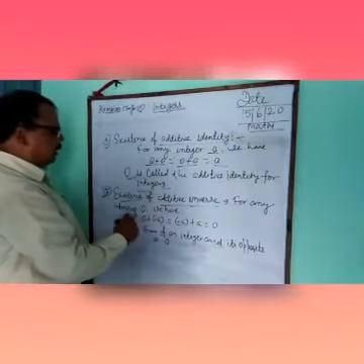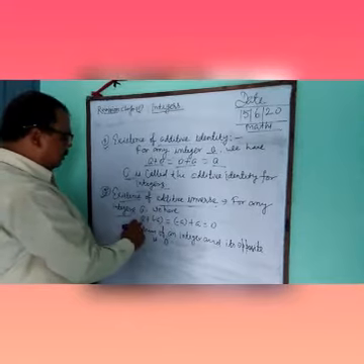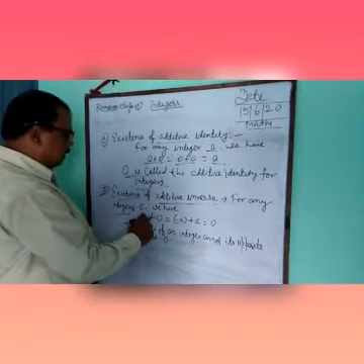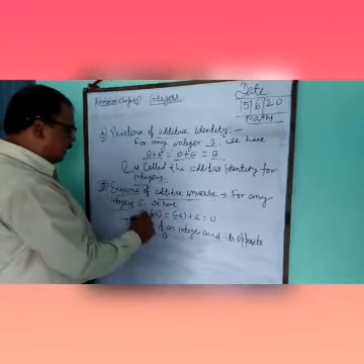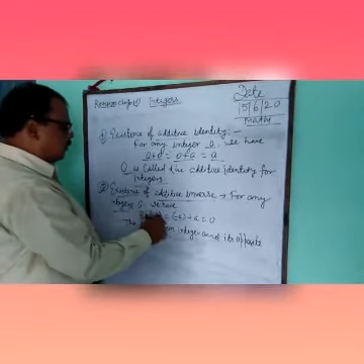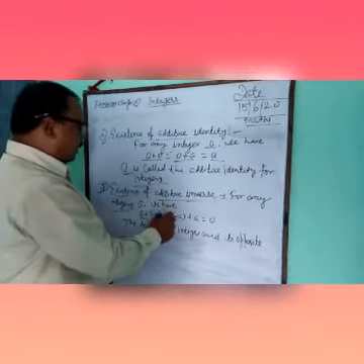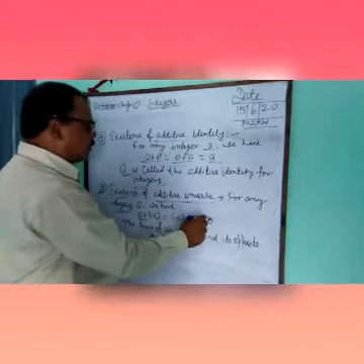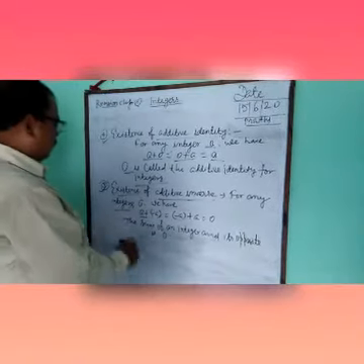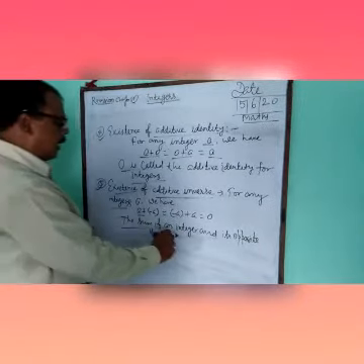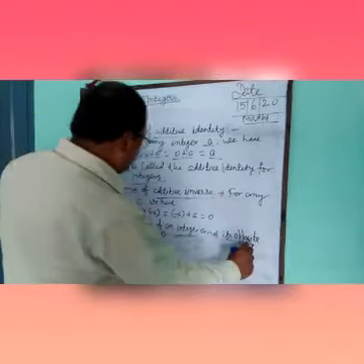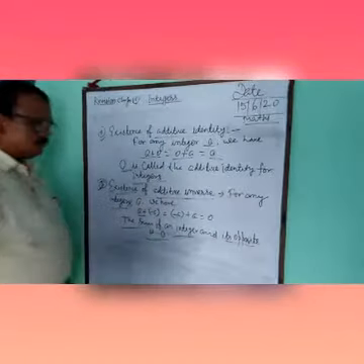For any integer a, we have a plus (-a) is equal to (-a) plus a is equal to 0. The sum of an integer and its opposite is 0.